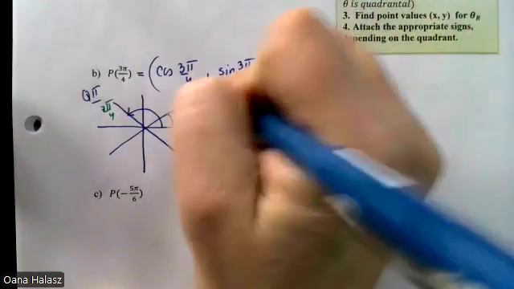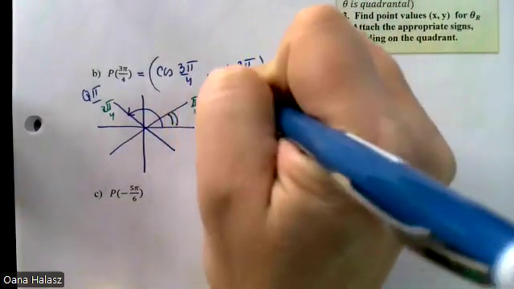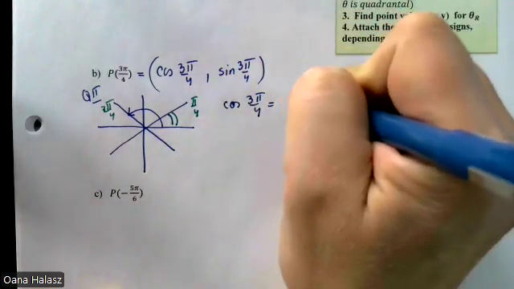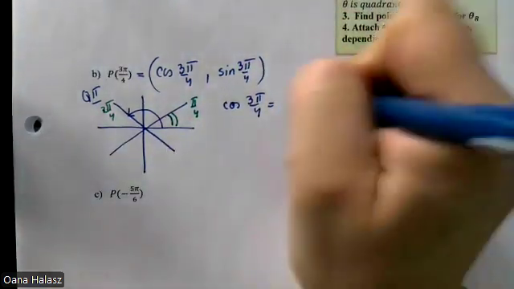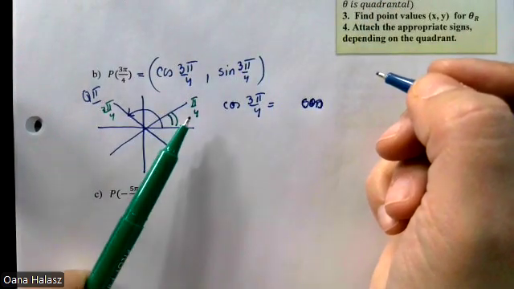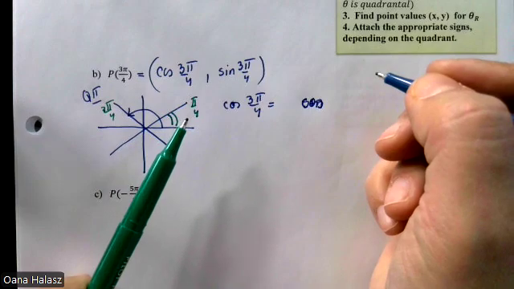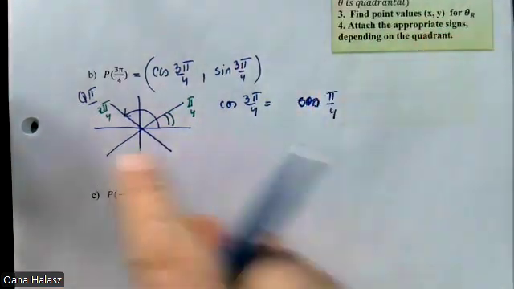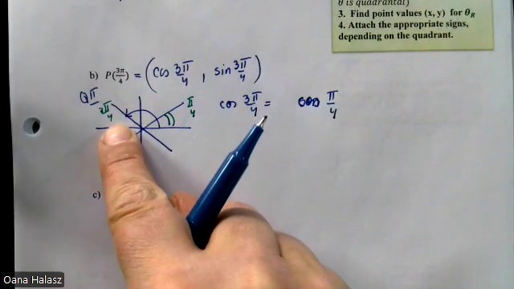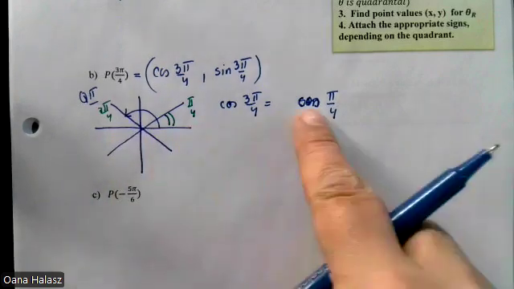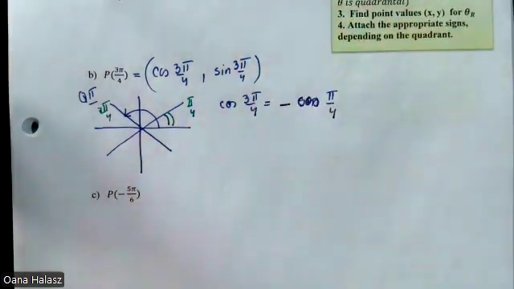So if I want the cosine of 3 pi over 4, it's going to be the same thing as cosine of its theta r, because theta r is pi over 4, which is in quadrant 1, right? So cosine of pi over 4. But because I'm in quadrant 2, cosine values are negative in quadrant 2. That equality is always true if I put that negative in front.